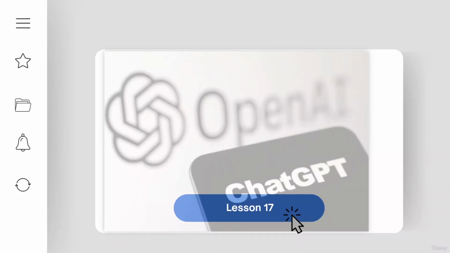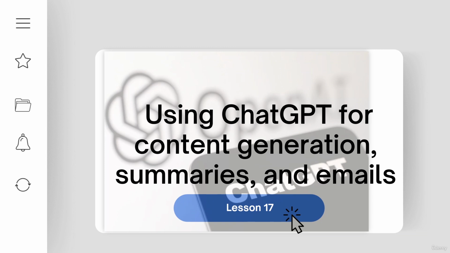Welcome to lesson 17, using ChatGPT for content generation, summaries, and emails. In today's lesson, we are going to explore how AI, especially ChatGPT, can save you time, boost your creativity, and help you communicate more effectively.